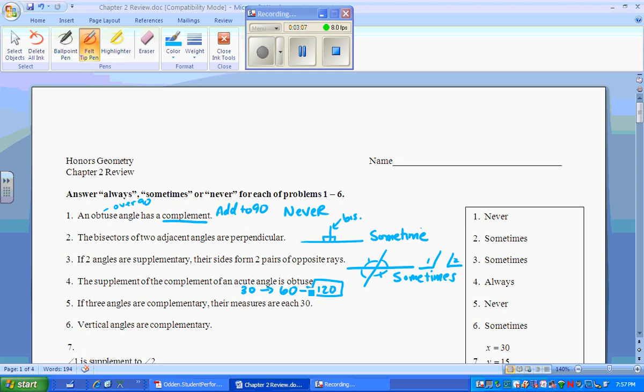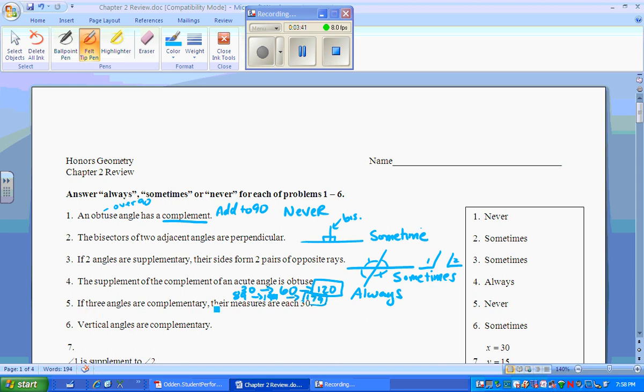Now, the largest acute angle you could have, let's say, is 89, then the complement is 1, and then the supplement is 179. So this always happens, no matter what number you pick.